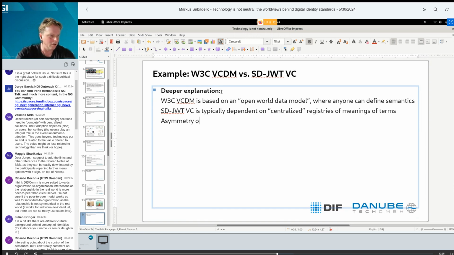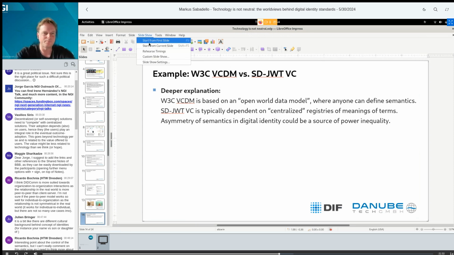Asymmetry of semantics in digital identity could be a source of power inequality. It's a theory, an experimental thought.